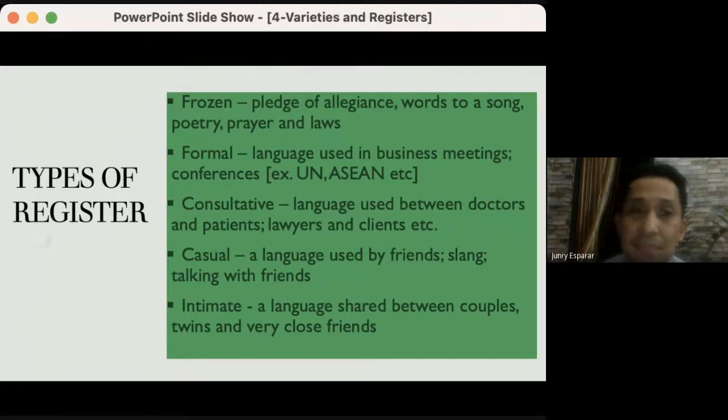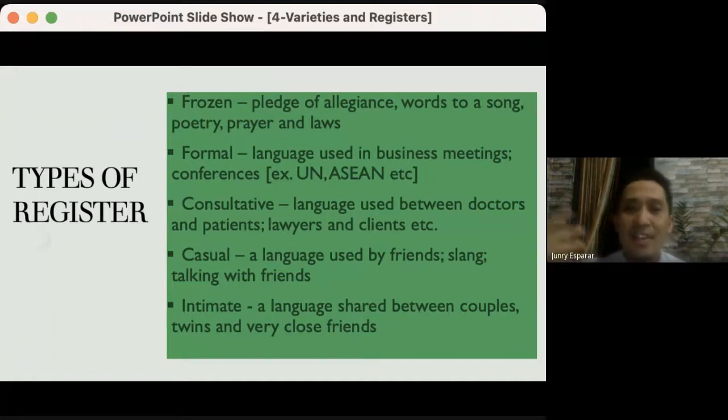Friends, like slang words, although you can use this with your family members as well. And the last register here is the intimate register, a language shared between couples, twins, and very close friends. I know that in the family, you can use intimate register, right?